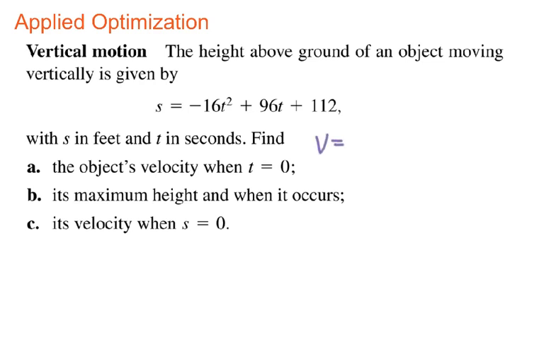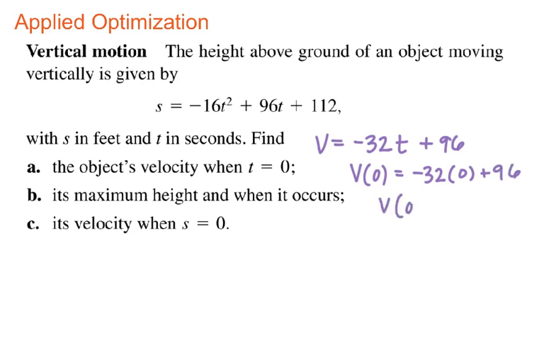So for part A, I'm going to say that v equals negative 32t plus 96. So that is my velocity equation. And the velocity when t equals 0 is negative 32 times 0 plus 96. V of 0 equals 96.